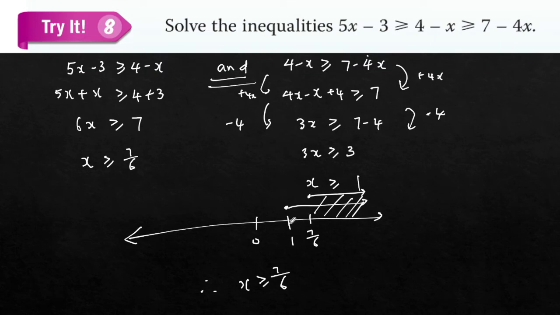Because if x is somewhere within this region, it doesn't satisfy this inequality, where it's specified that x must be more than or equals to 1 and 1 over 6. Anywhere within this region, you are not satisfying this condition of and. So it can only be where they overlap, and it has to be more than or equal to 7 over 6.